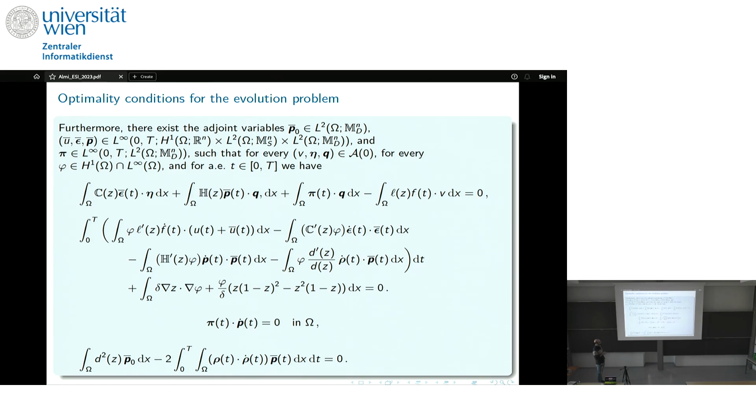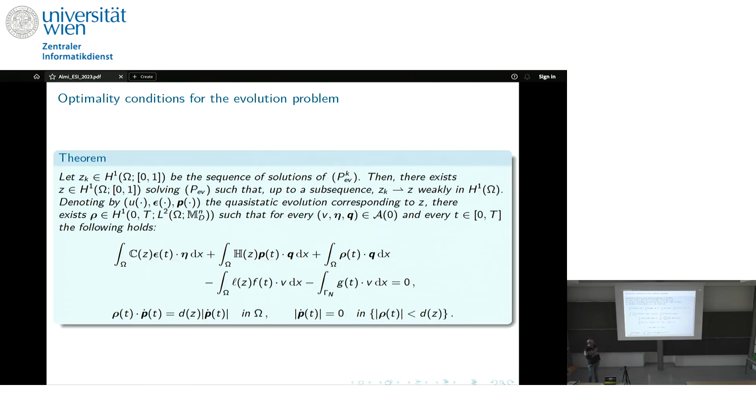Okay, so here you can still say that pi is orthogonal to P dot. Before it was pi orthogonal to P. And here instead you would like to say something about P bar dot being 0 whenever this rho is not in the yield stress, so something similar to this, but for P bar.